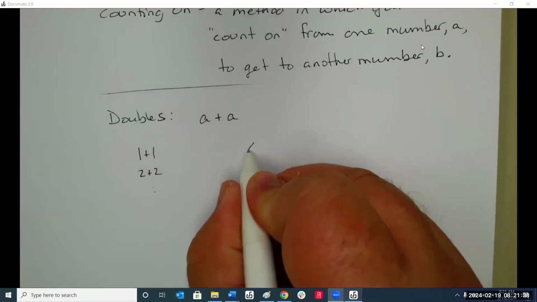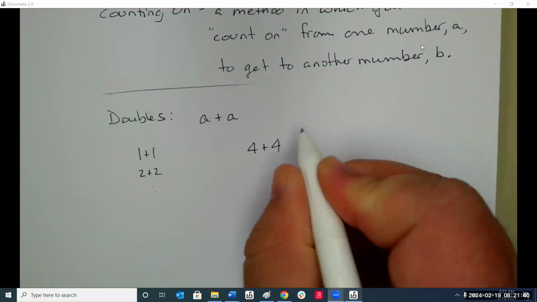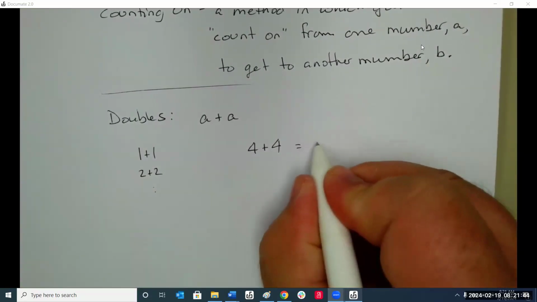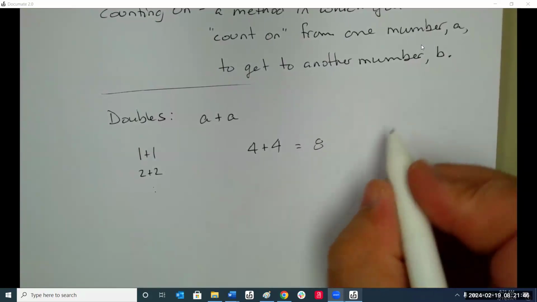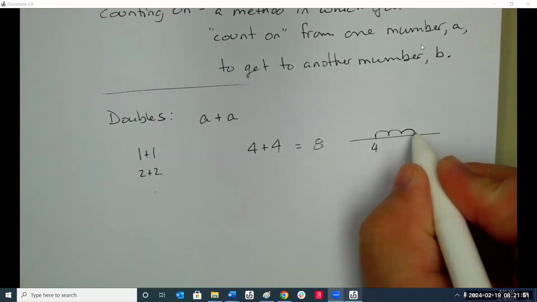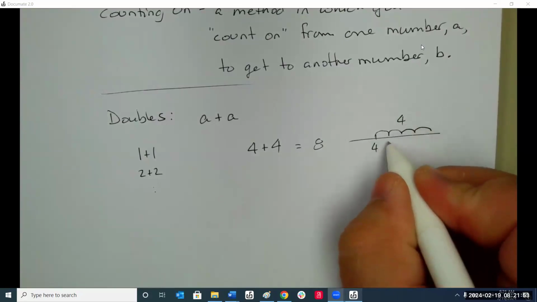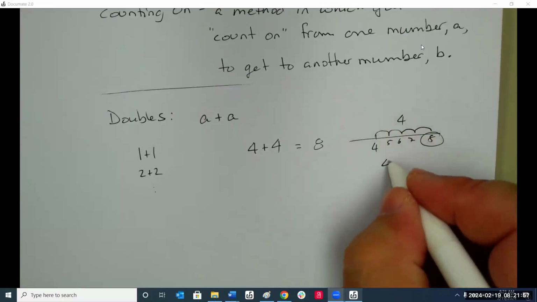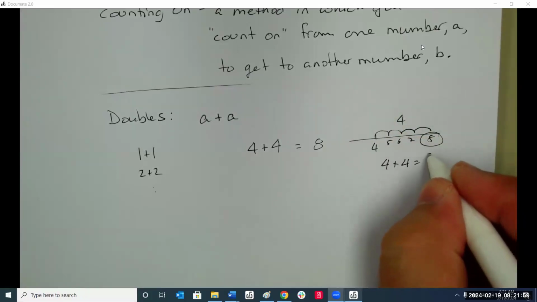If we had 4 plus 4 and we did the count on model, then we know that's going to be 8. So we start at 4, and we add 1, 2, 3, 4, and that equals 8. So 4 plus 4 equals 8.